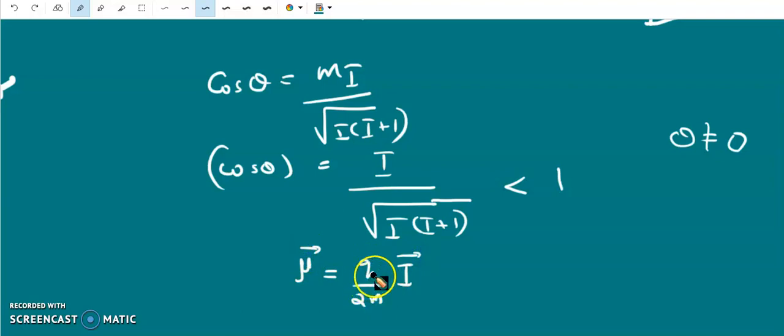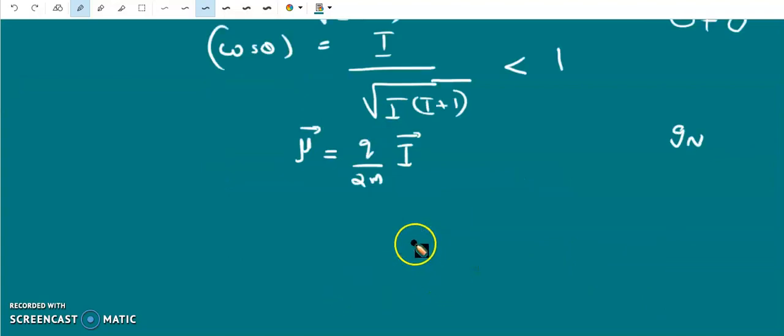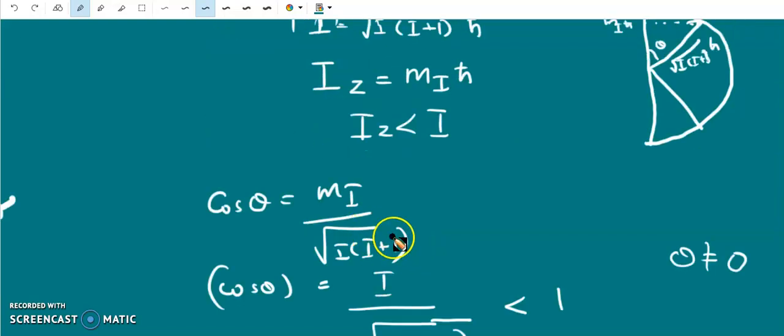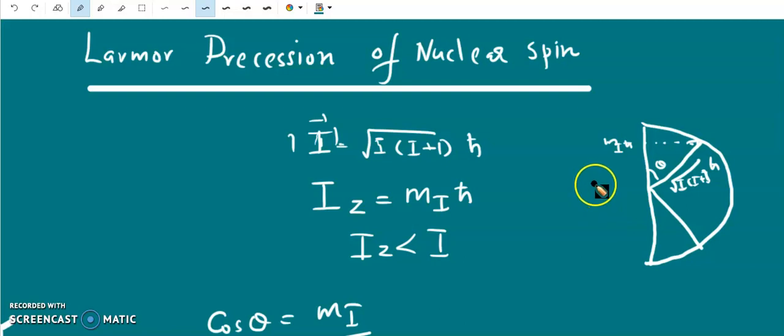This gyromagnetic ratio depends on the nuclear g factor, Gn. If Gn is positive, mu and I are parallel to each other. So we can also say that the magnetic moment can never align parallel or anti-parallel to the field. Suppose we have applied a field along the z direction.